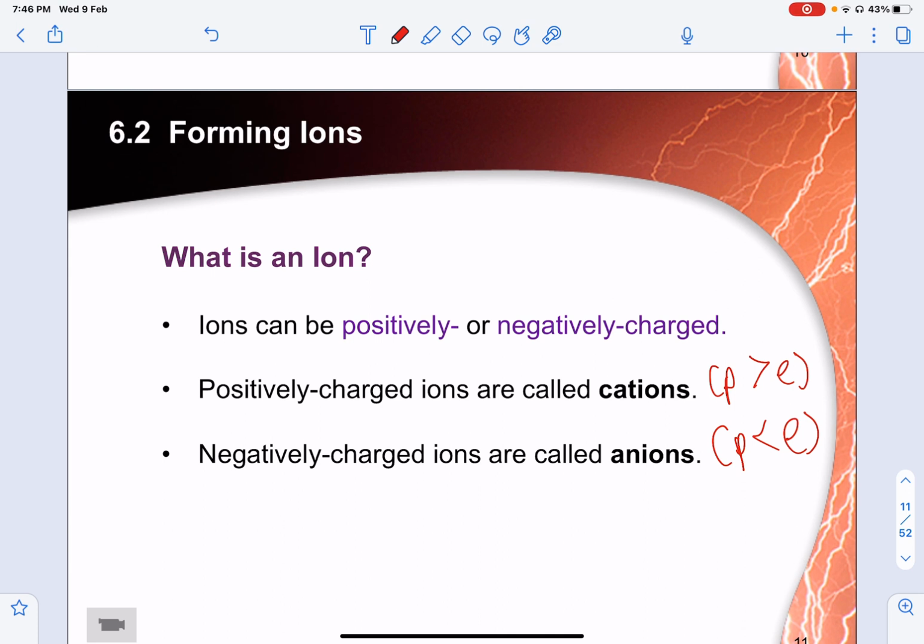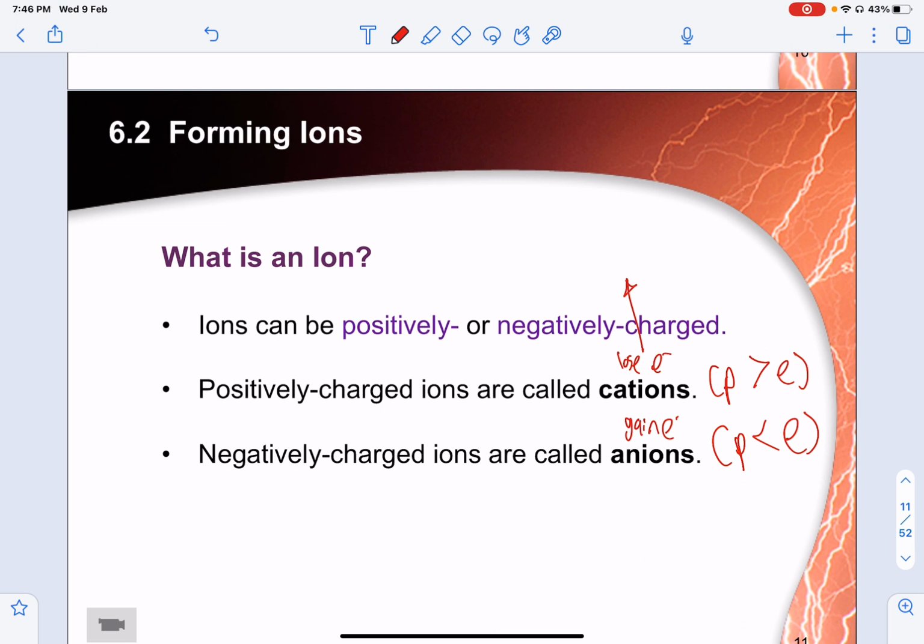Now, one thing to note is which group will actually be more prone to gain electrons and which will most probably lose electrons. So for cations, we tend to lose electrons. Anions, we tend to gain electrons. In order to lose the electron, it must be very easy to lose the electron.